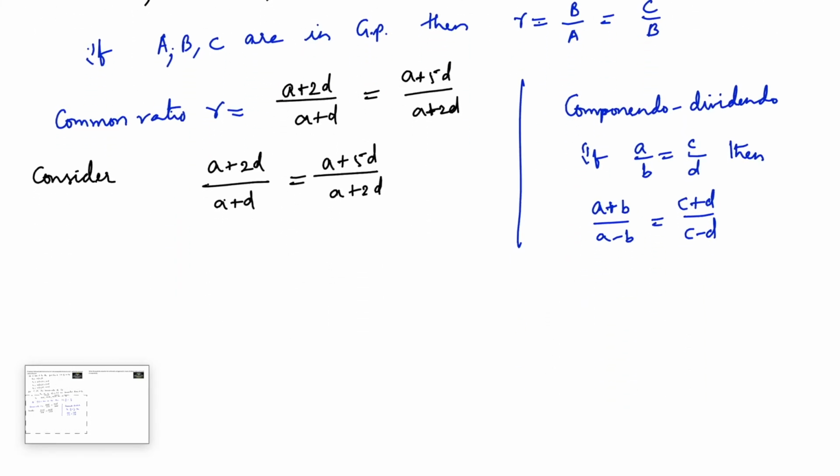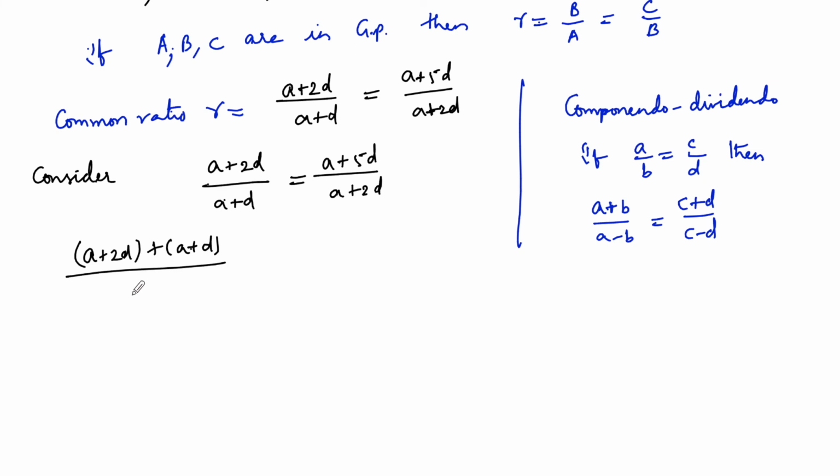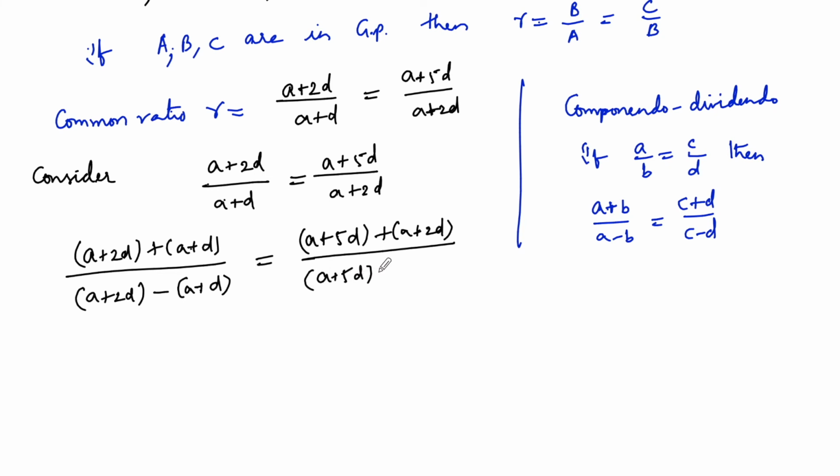So let us apply the same here. Numerator a plus 2d plus a plus d upon a plus 2d minus a plus d is equal to a plus 5d plus a plus 2d upon a plus 5d minus a plus 2d.